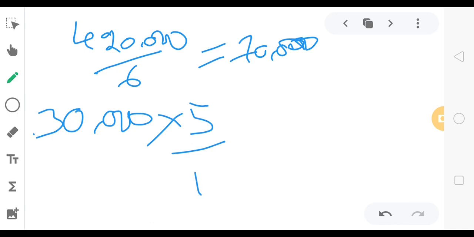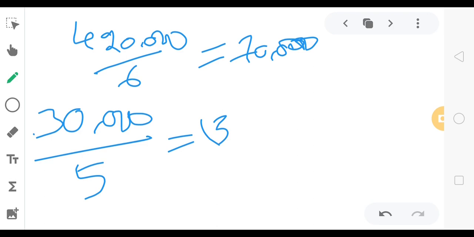So 5 by 12. We directly calculate 30,000 into 5 by 12. No need to calculate 20%. So here it is not given, so we need to calculate directly as per the months. So 30,000 divided by 5, we got 15,000.